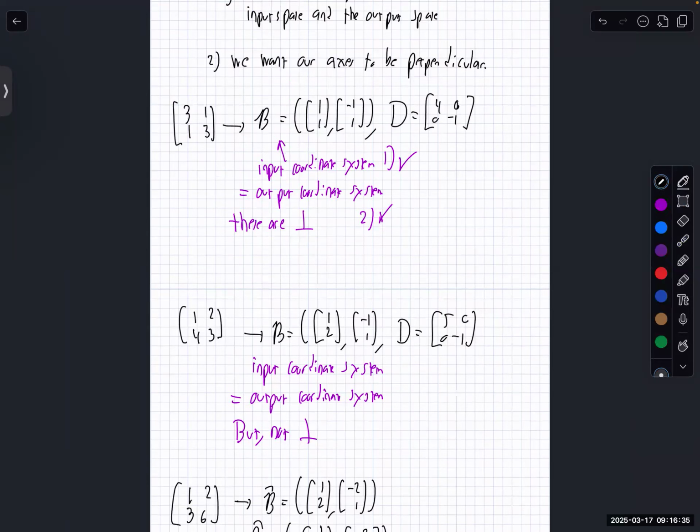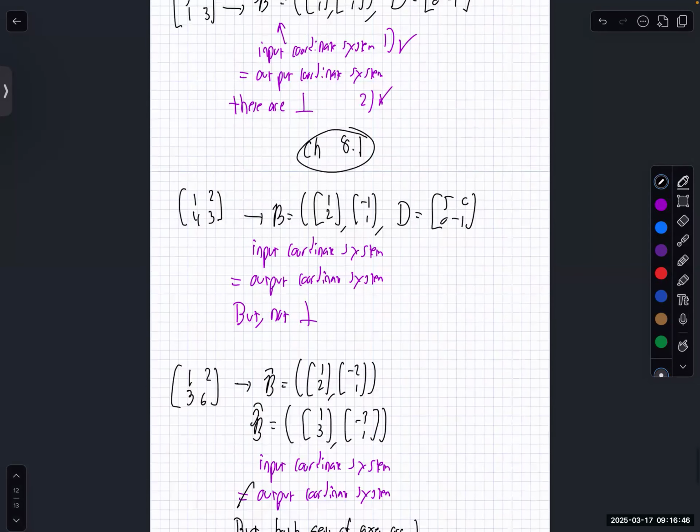And just as a layout, those special matrices where that always works, we're going to be talking about in 8.1 in the textbook. If we want the input coordinate system to be the same as the output coordinate system, and we're willing to give up the axes being perpendicular to each other, we're going to talk about that more in chapters 7.1 to 7.3.